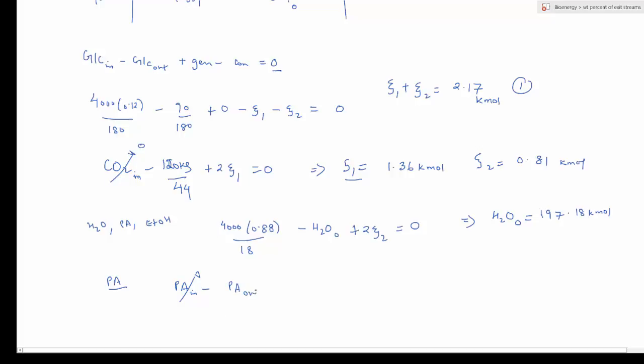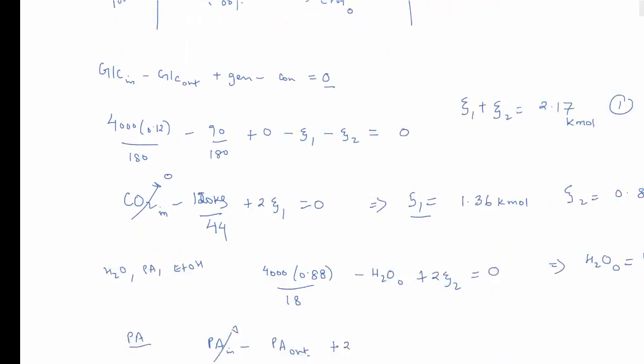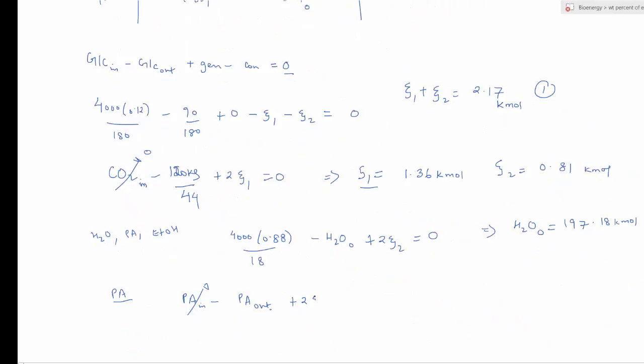Out, that's what we're going to find out. And it's been generated through the second reaction, and the stoichiometric coefficient is 2. That means 2 times the ξ2 moles would have been formed. And nothing is being consumed, and that's to be equal to 0.